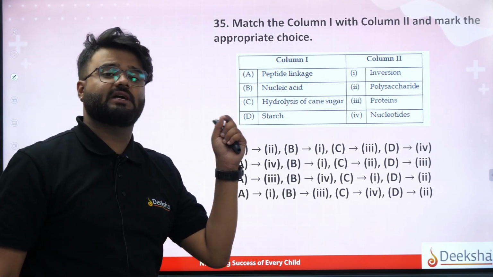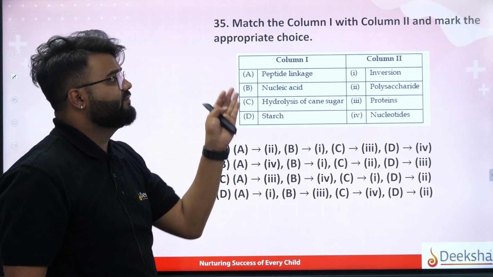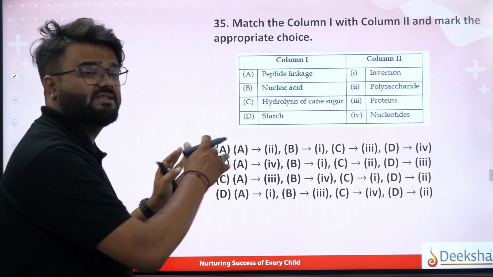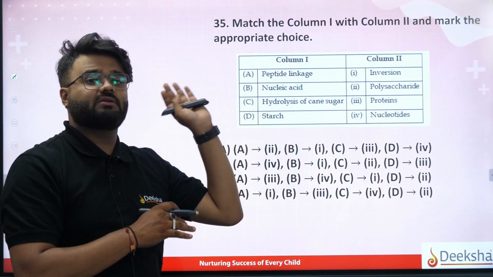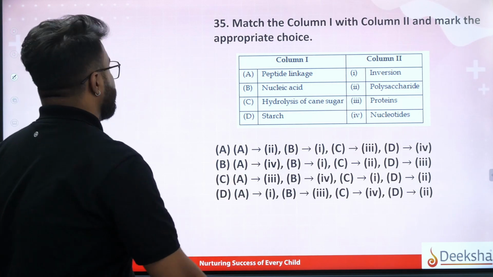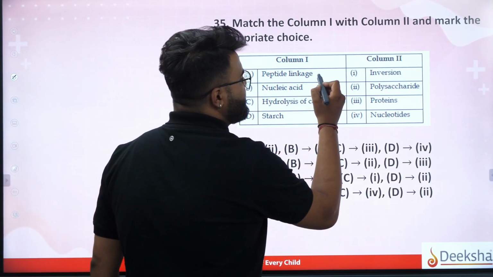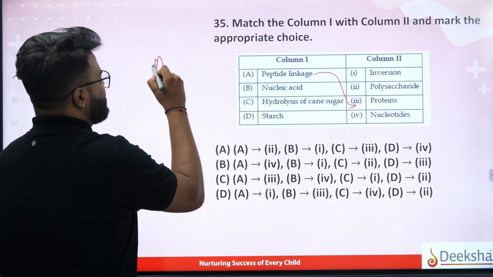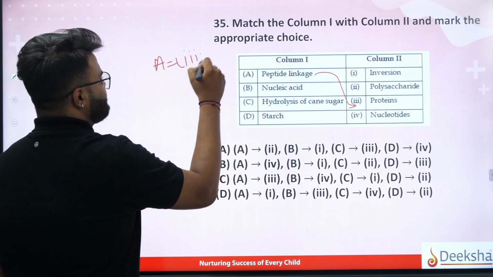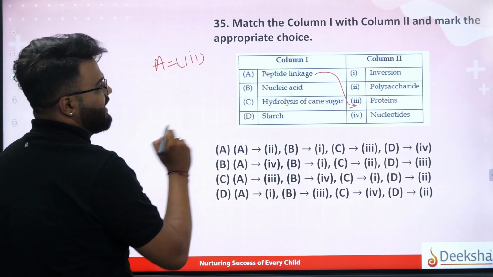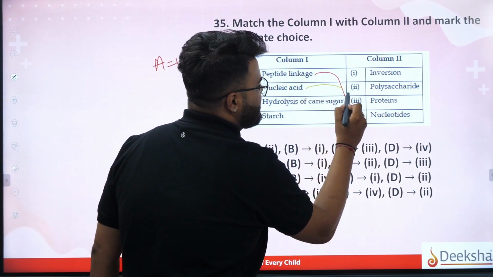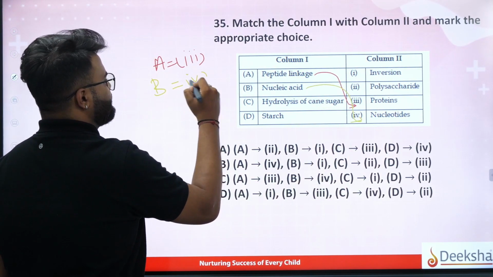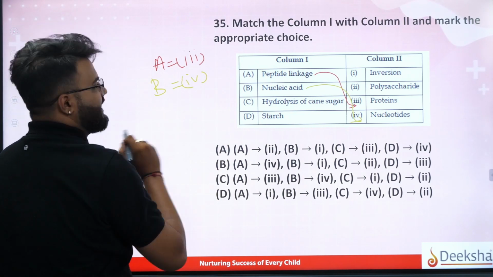Similarly, in question number 35, match column 1 with column 2 and mark the appropriate choice. Very easy. This is a scoring question. Coming back to peptide linkage, where do you see peptide linkage? We see peptide linkage in protein, so A is 3. In the same way, nucleic acids are seen in nucleotides, so B is 4.